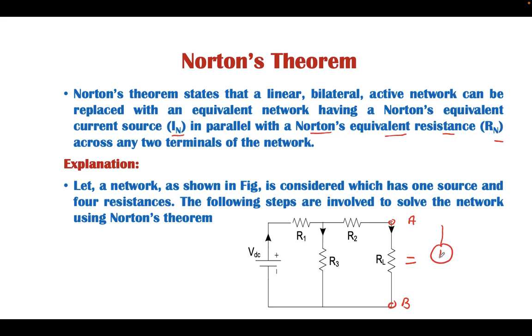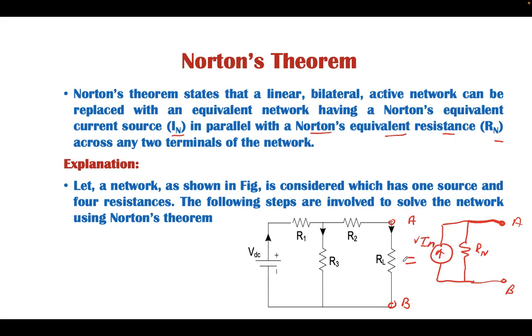That source is a current source, and the equivalent resistance of the network is the Norton resistance RN, across terminals A and B. This is IN, whereas this is RN.